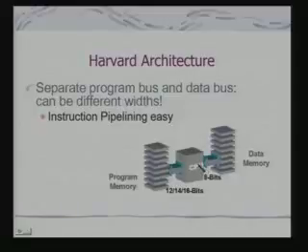Now, while storing the result in the data memory, I shall be using this bus. And during that time period, this bus is actually free. So I can use this bus to fetch instruction. So the instruction pipelining is facilitated by this Harvard architecture. And this is the advantage of Harvard architecture over von Neumann architecture. And you will find many of these modern microcontrollers are built around Harvard architecture.